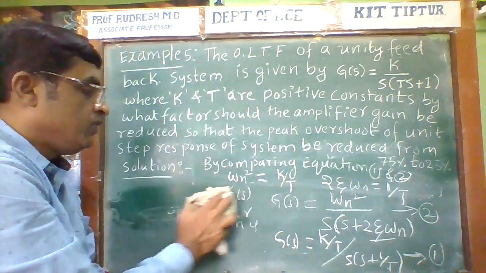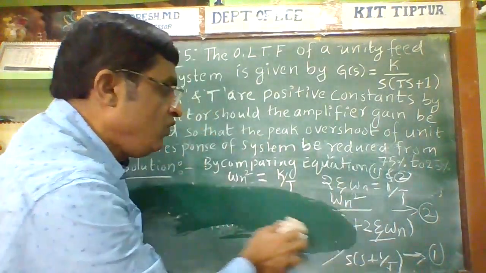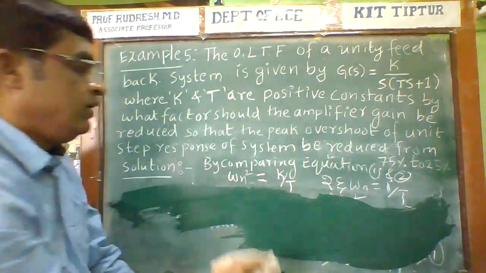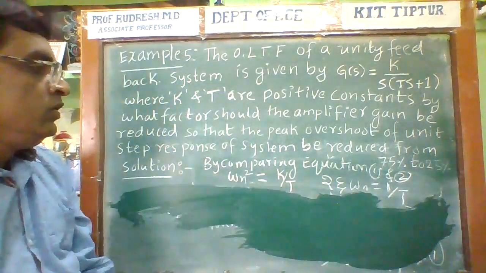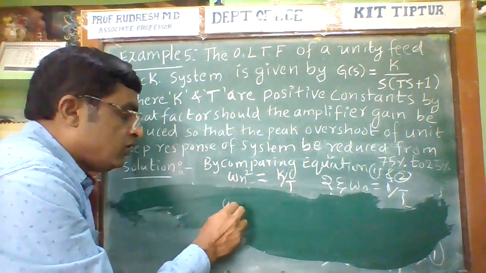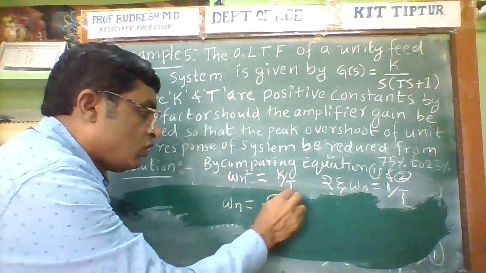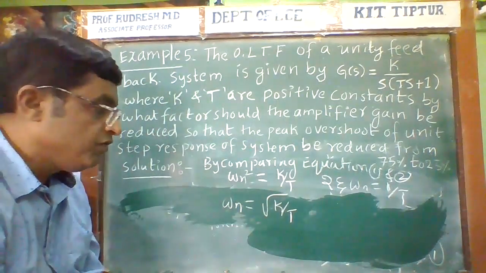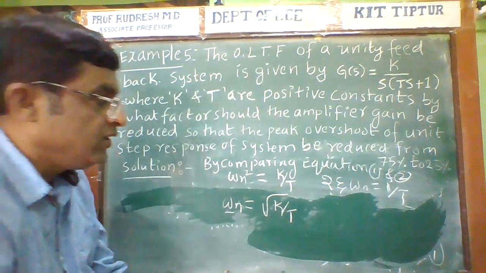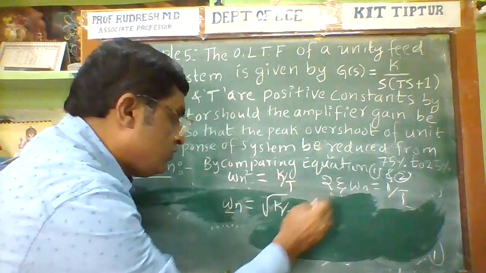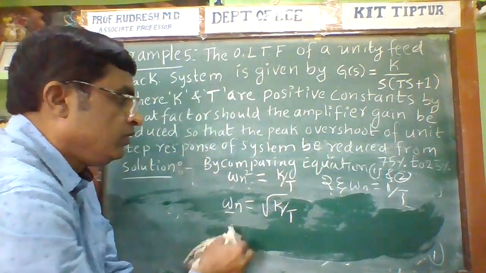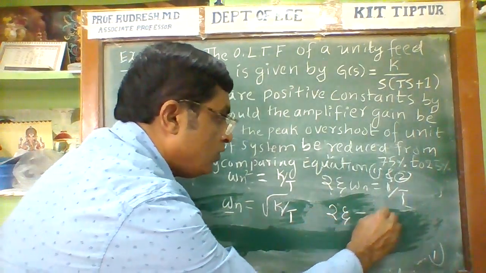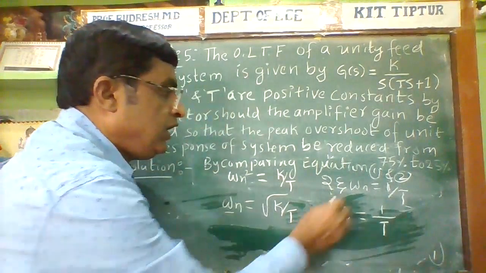Now simplify. What is the value of K? We need to calculate. Omega n is equal to square root of K by T. Now here zeta we need to calculate. 2 zeta is equal to 1 by T into omega n.